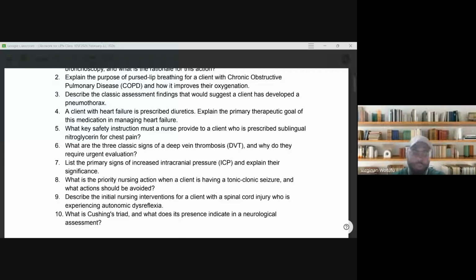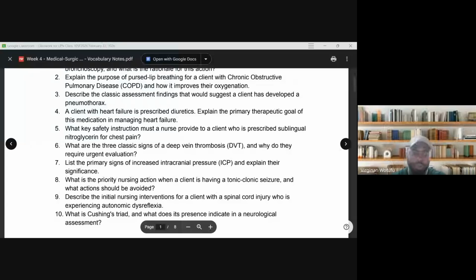So looking at question 8: what is the priority nursing action when a client is having seizures, and what actions should be avoided?